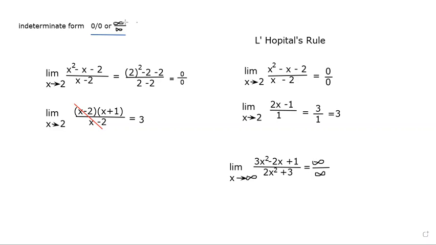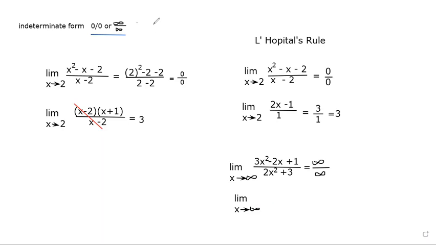Okay? So in this case, we go back down to the bottom step. And we find the derivative of the numerator and the denominator. And we are going to find the derivative until it works itself out.